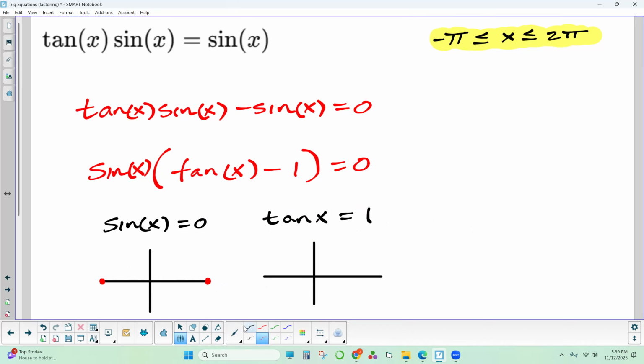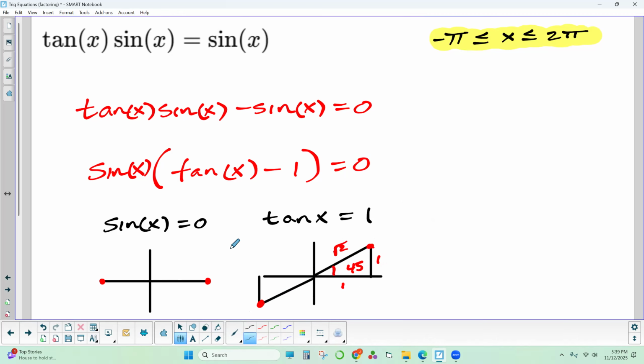Tangent is positive in quadrant 1 and quadrant 3. Tangent is y over x, so I've got a 45-45-90 triangle here, and my reference angle is 45. So I've got pi over 4 and 5 pi over 4.